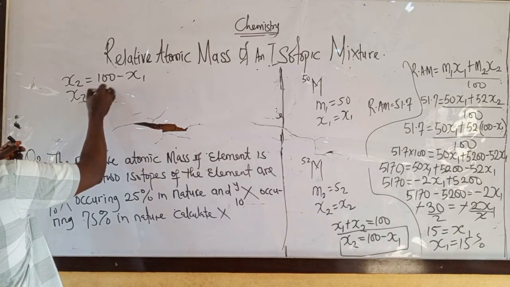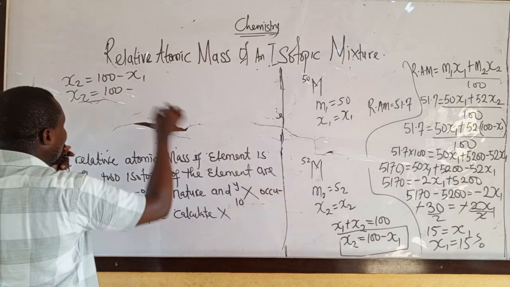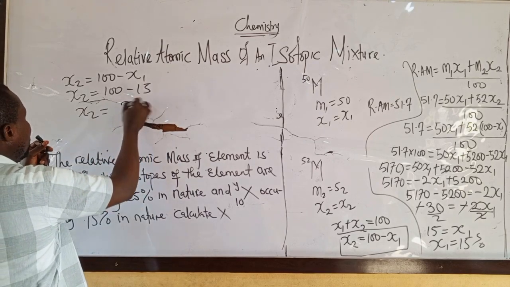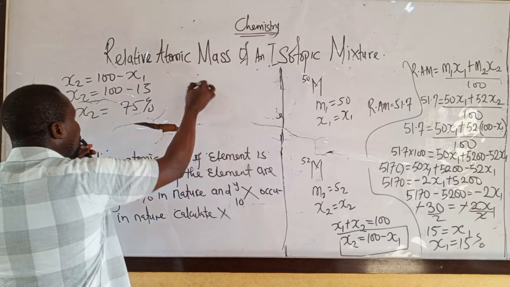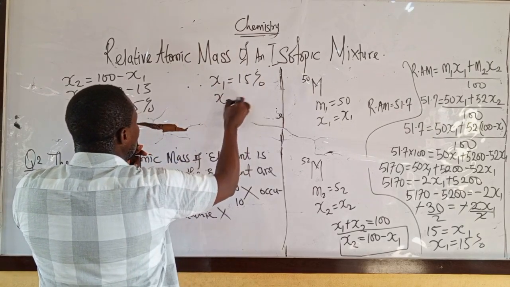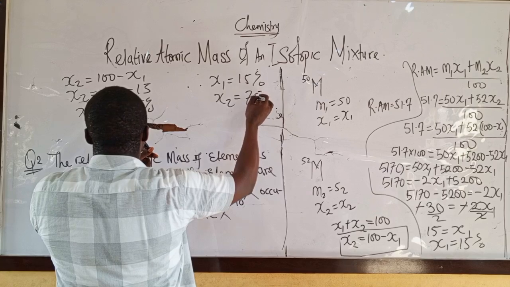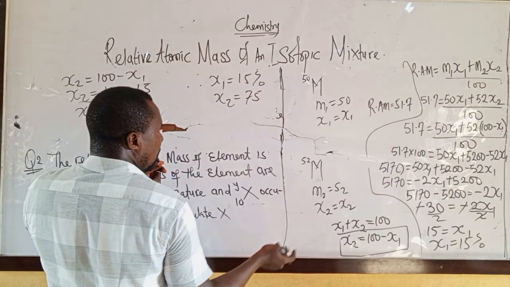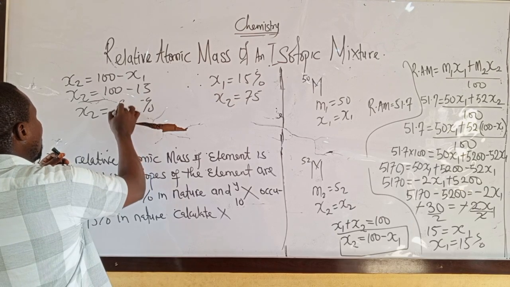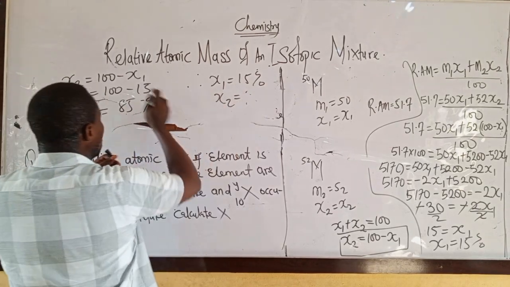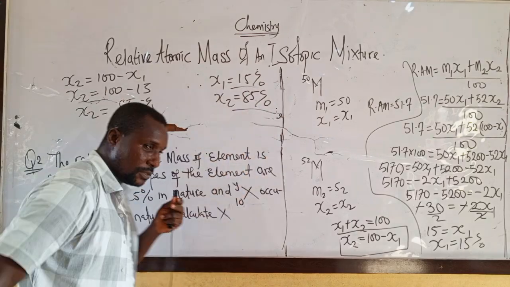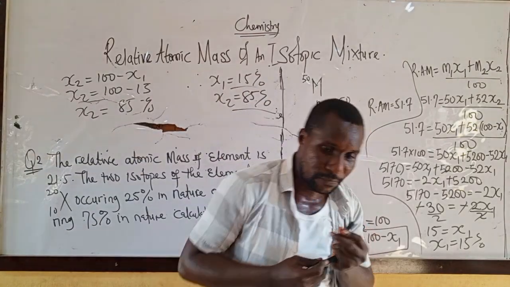Therefore, x2 equals 100 minus 15, which is 85%. Take note. That's that.